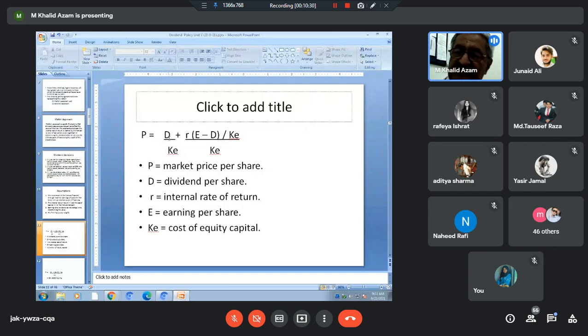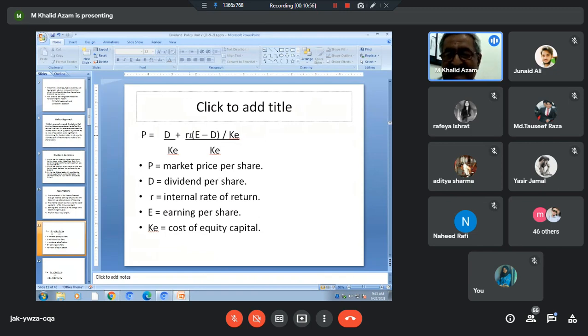And here it is only for 1 year, so you will not be finding 1 plus KE. It is 1 year, so it is the same KE. Then it is your rate of return, on which you are going to get the rate of return. You will be getting rate of return on the money which you have retained in your business. Try to understand this point so that this formula will become very simple for you to understand.